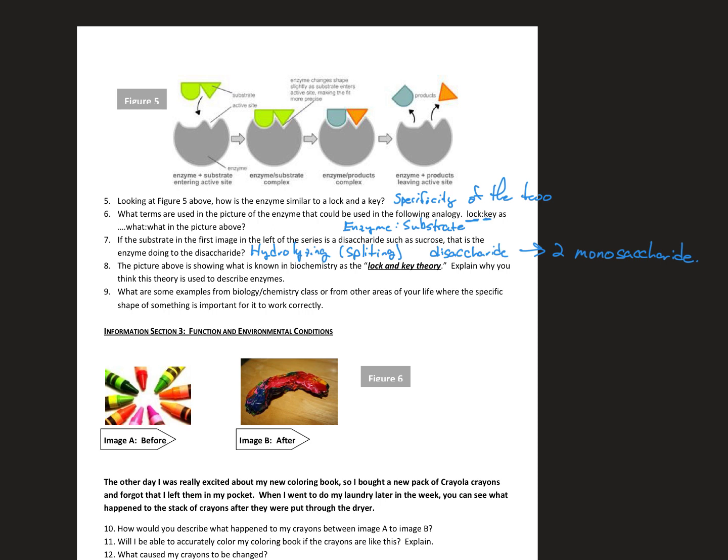The picture above is showing what is known in biochemistry as the lock and key theory. Explain why you think this theory is used to describe enzymes. Because the two fit into each other.